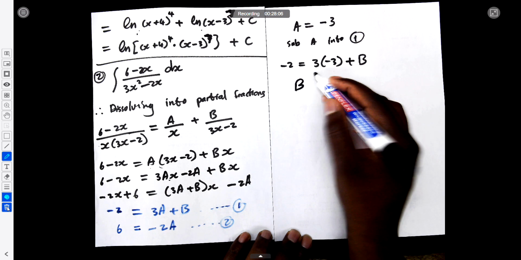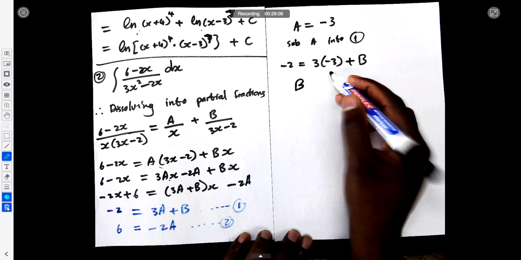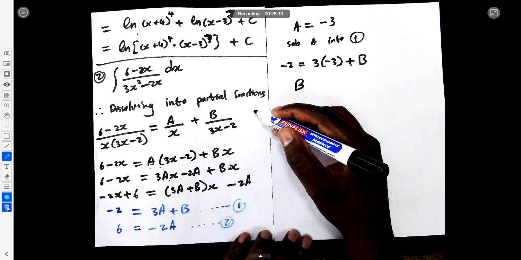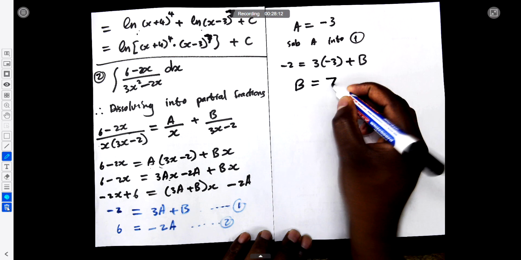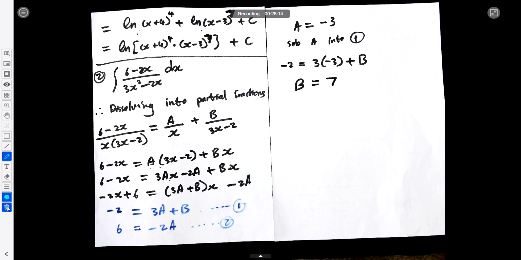So 3 times minus 3 is minus 9. Take minus 9 to the other side, it will be positive 9 plus negative 2, which is positive 7. Okay.